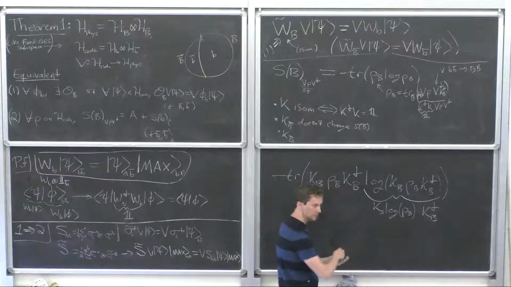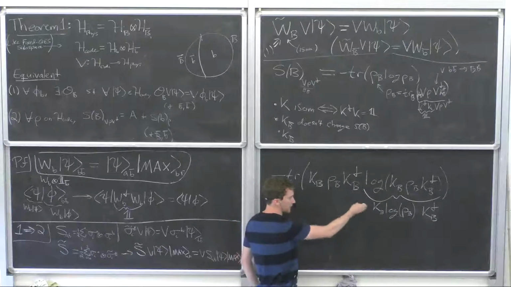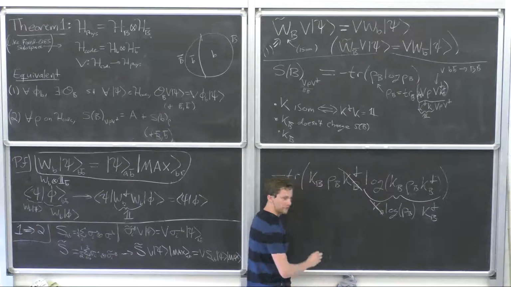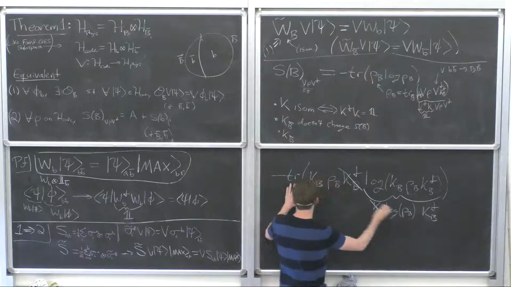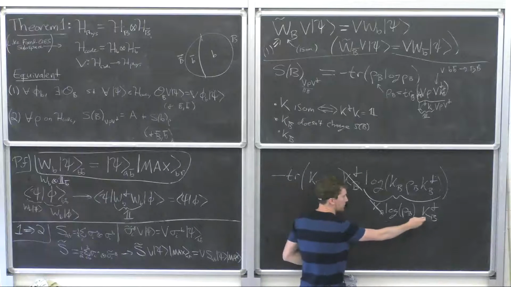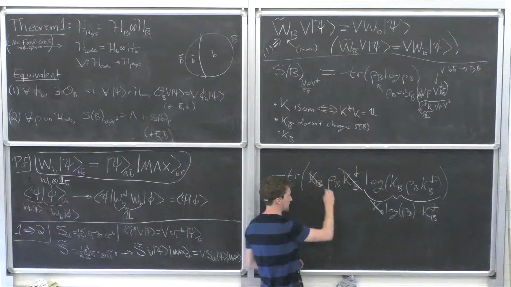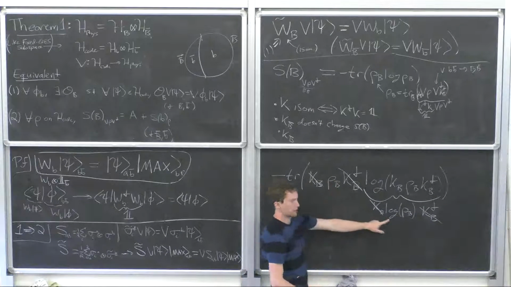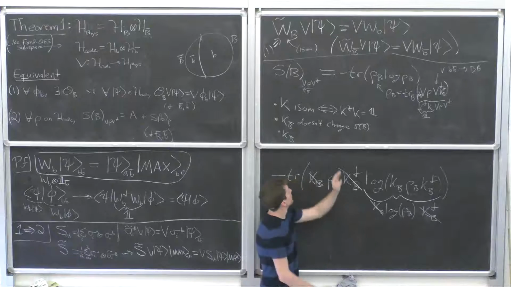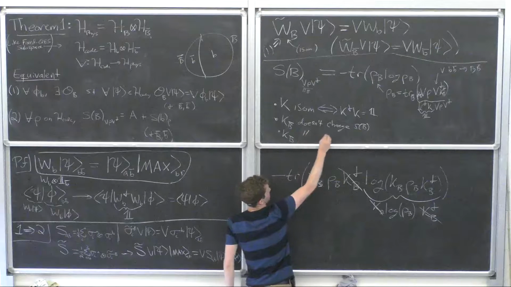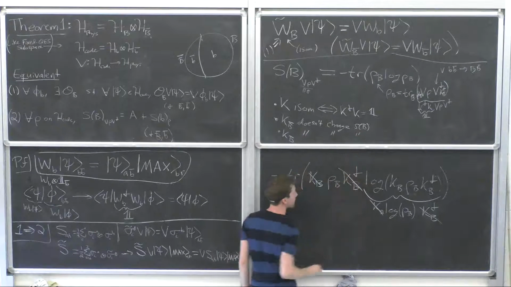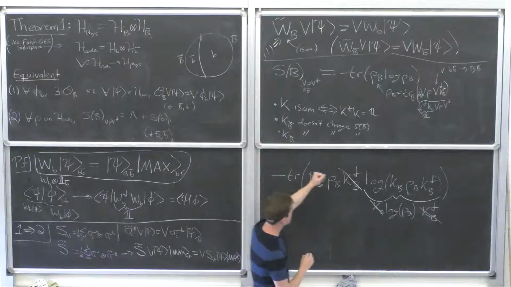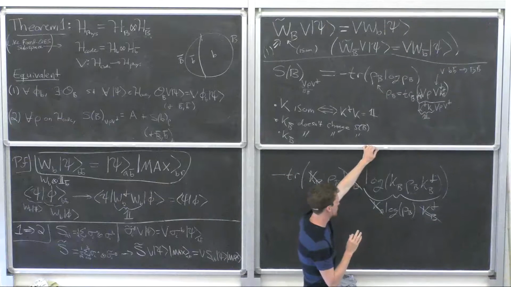So this is something you can prove. And then now it's clear that the K's cancel, right? So this guy and that guy make the identity by the cyclicity of the trace, because we're tracing over everything. You can pull this guy around, he cancels this guy. Then we just got back trace of rho log rho. So K_B also doesn't change S of B. All right. So isometries acting on either of the two systems doesn't change the entropy.